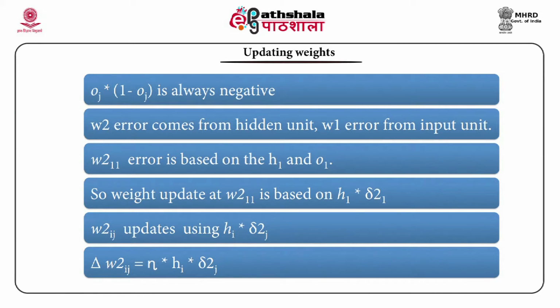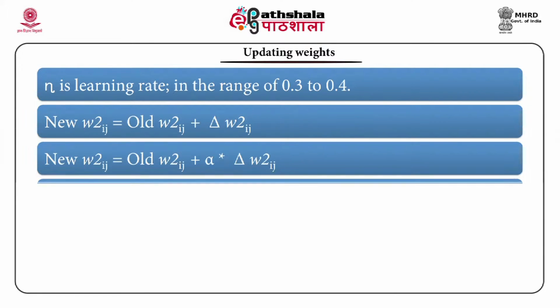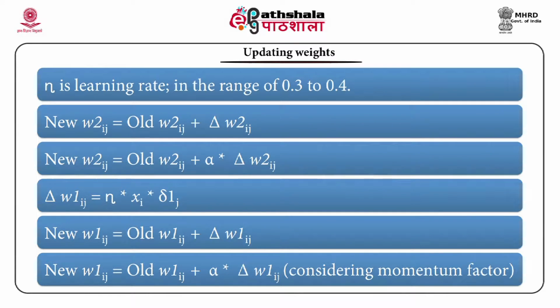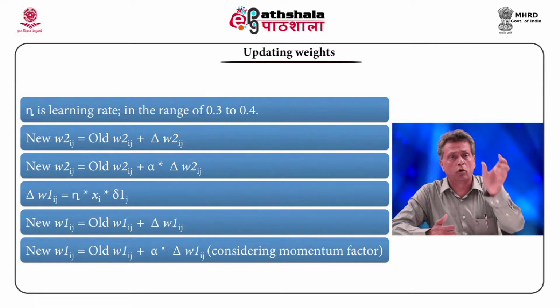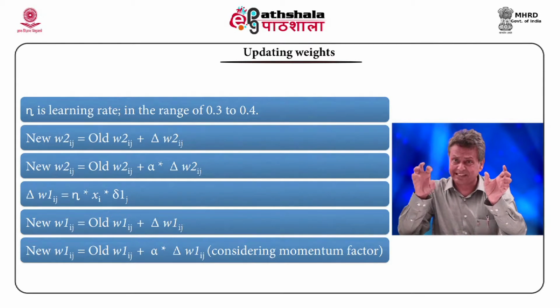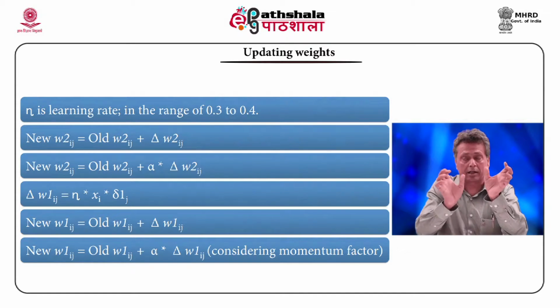People found that if you use this, it learns better. Researchers use that. Many times it is kept at some other values also, but usually it is between 0.3 and 0.4. Similarly, the new value of the weight W2ij is the old weight plus this delta value, the change that we want.